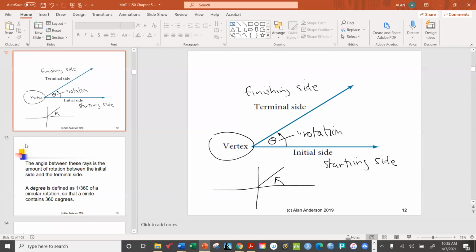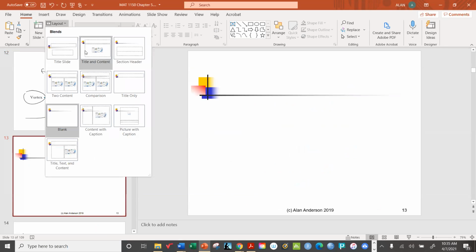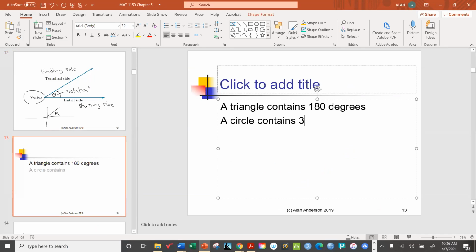Now, by the way, you might remember that within a circle, let's just quickly review this. We know that a triangle has altogether 180 degrees in it. A circle, though, contains 360 degrees.